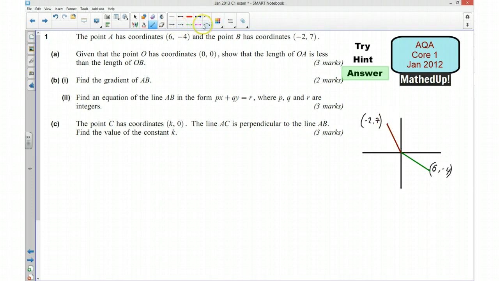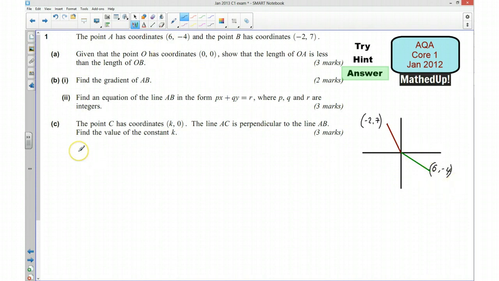So hopefully you'll have spotted that we can use Pythagoras to work this out, because this here is a right angle triangle and this here is a right angle triangle. So this is going to have a length of 6 and height of 4, so we can do 6 squared plus 4 squared, and we can square root that.